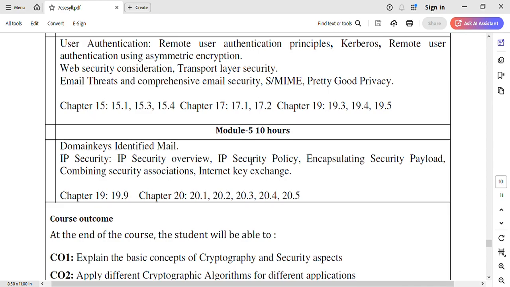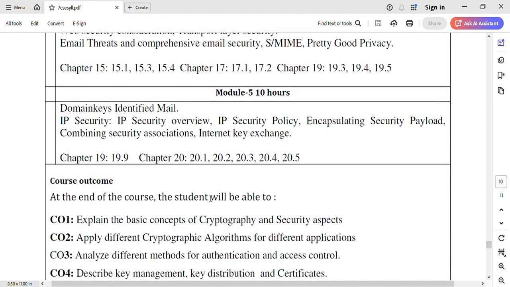So the last module: DomainKeys Identified Mail, IP security overview, IP security policy, encapsulating security payload, combining security associations, internet key exchange. The chapters included are 19.9, 20.1, 20.2, 20.3, 20.4 and 20.5.